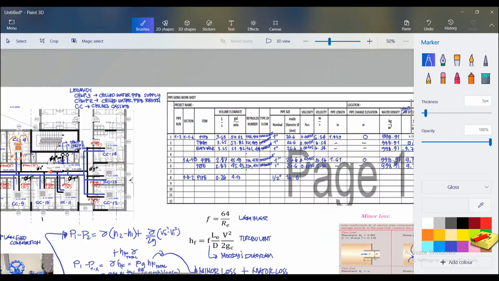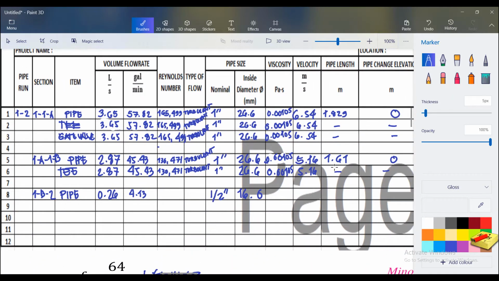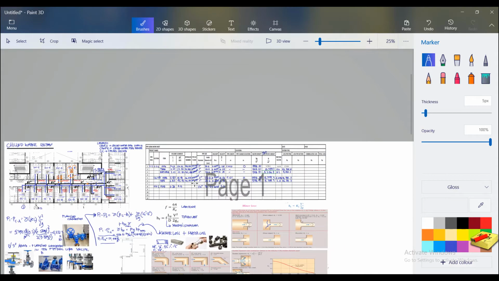So let's input that in our table. So we have your velocity, which is 1.3. Then we have again the viscosity is the same, 0.00105. Okay, so we can compute now the Reynolds number.